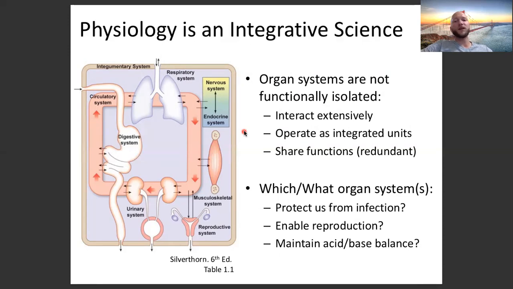Another important thing that you'll see very quickly in this class is that there's a lot of redundancy. There's a lot of redundancy in the human body. We're going to talk about ways to affect blood pressure, and there's going to be a bunch of different ways that your body controls blood pressure. We're going to talk about pH.